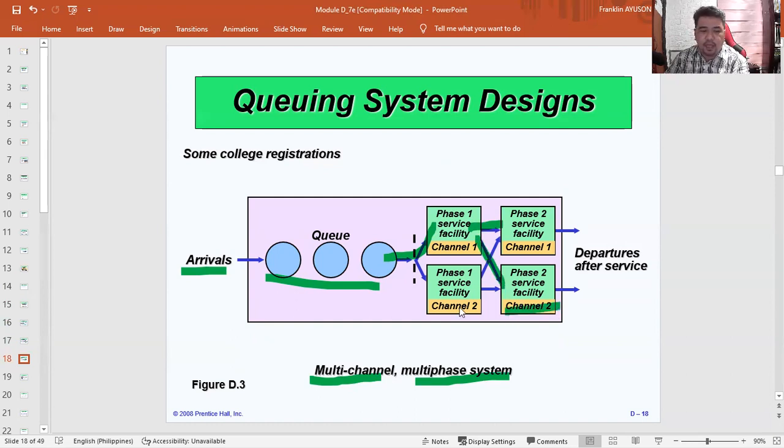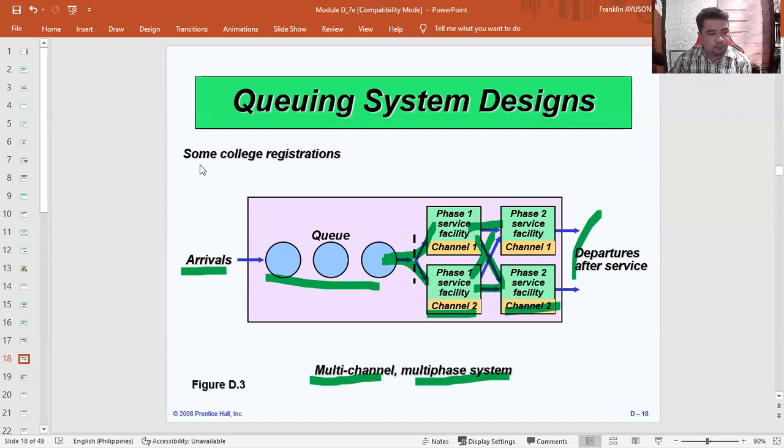Or pwede siyang pumasok sa phase 1 sa channel 2, mag-exit sa channel 2, phase 2, or dun sa phase 2, channel 1, whichever is vacant. Then enter, of course, the departure.